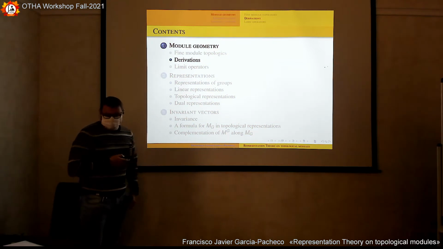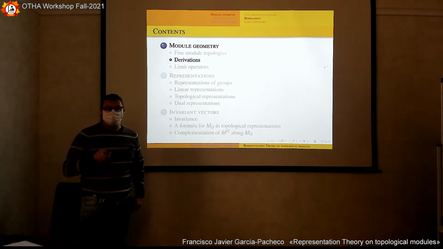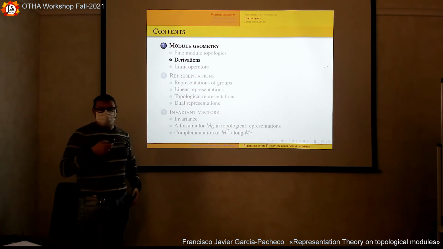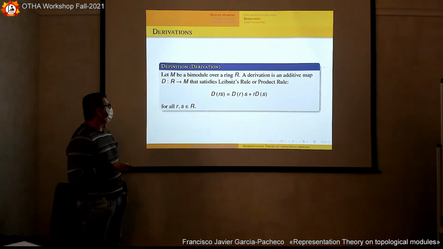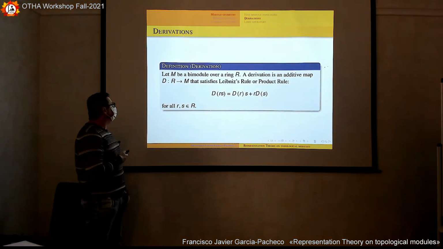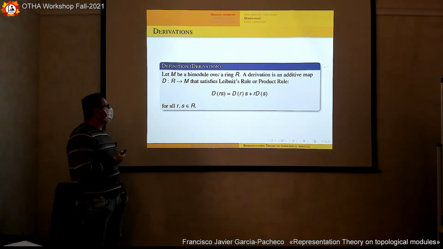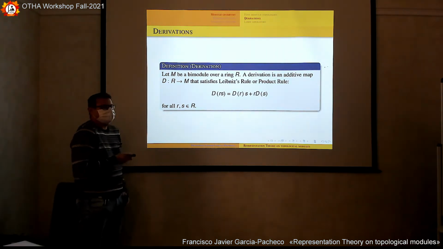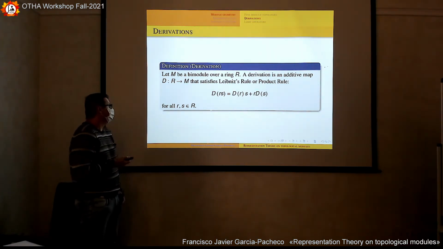Well, then we also work on derivations, because we were interested in extending the concept of differentiability to this scope. Let me remind you what a derivation is. If you have a bimodule over a ring, a derivation is simply an additive map, a homomorphism of additive groups, that satisfies the product rule that we all know.